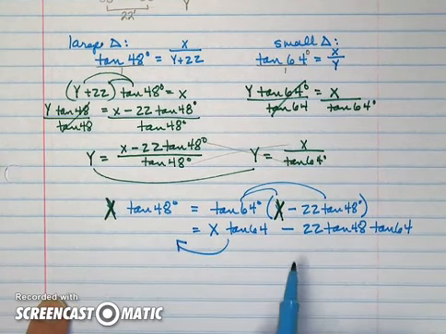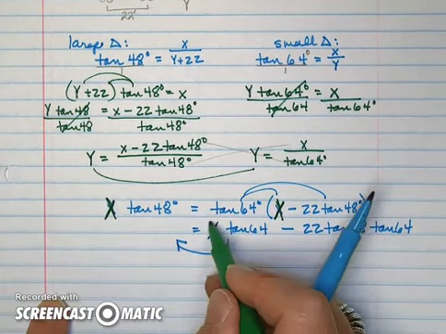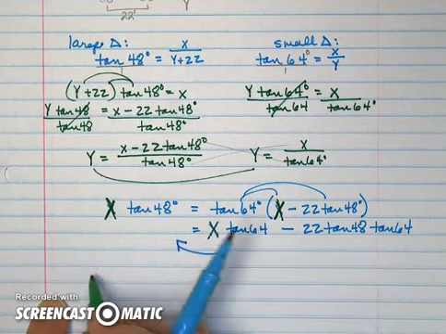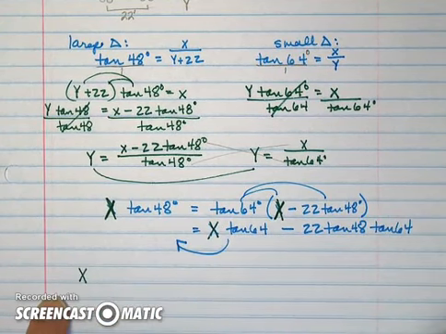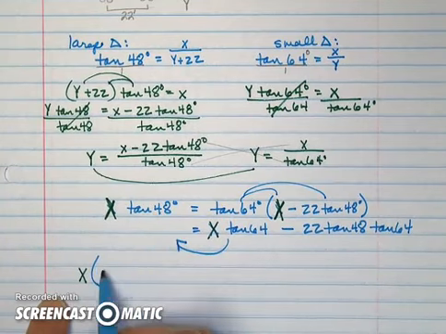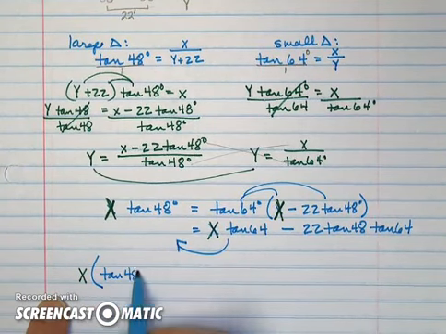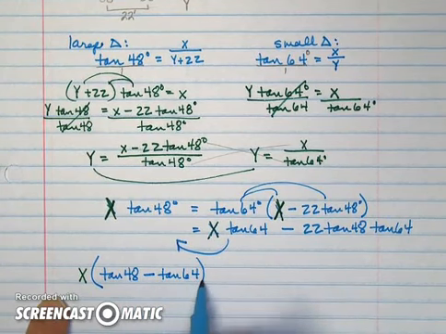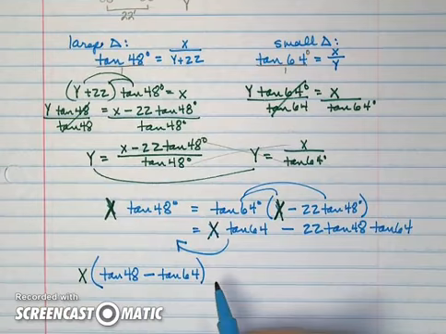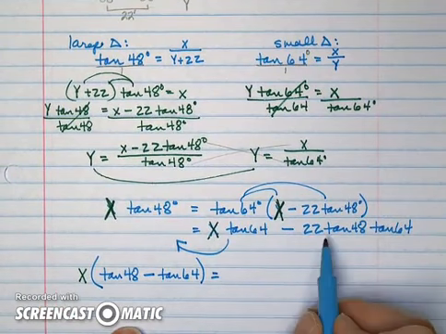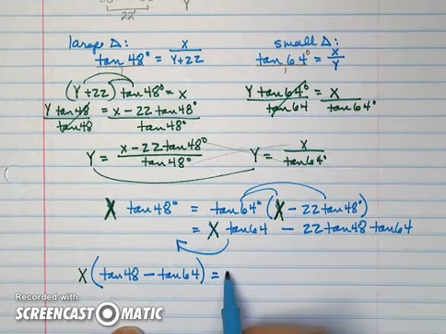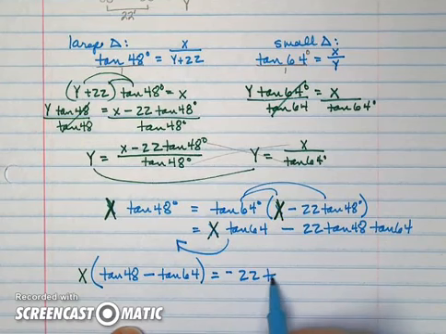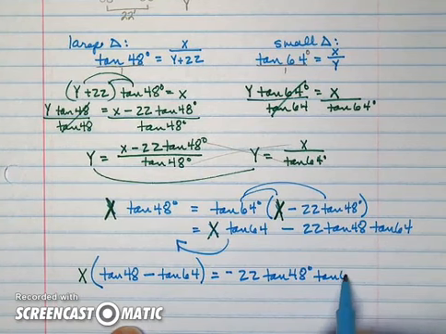When I do, I'm going to factor out that x. So I have x times tangent of 48 minus the tangent of 64 that's coming over. And then that equals what I had left over here, negative 22 tangent of 48 tangent of 64.